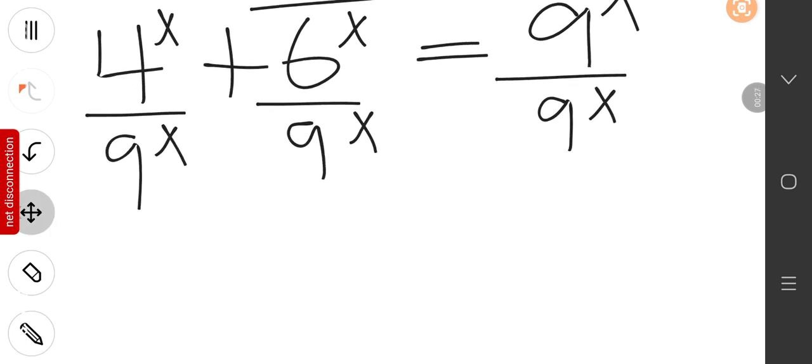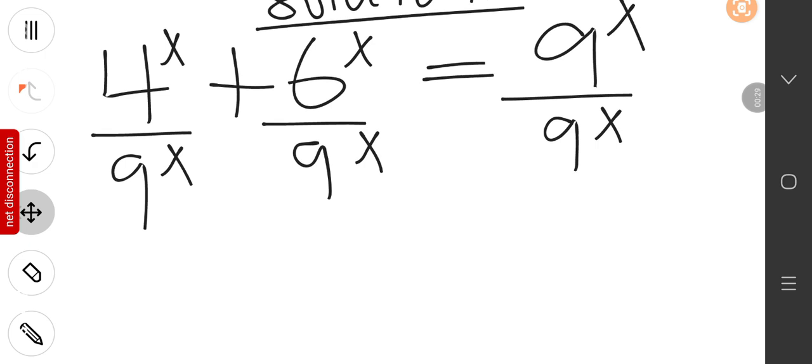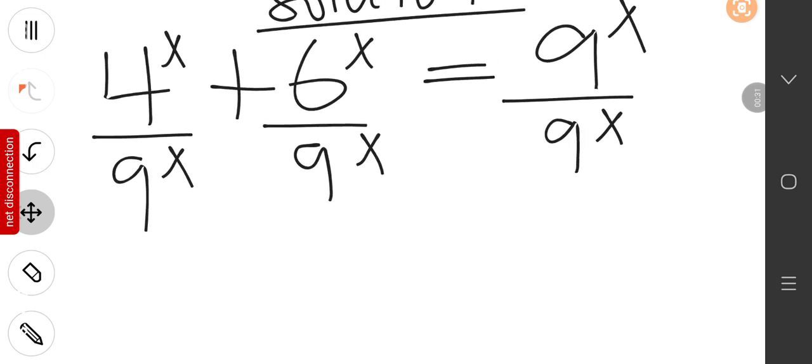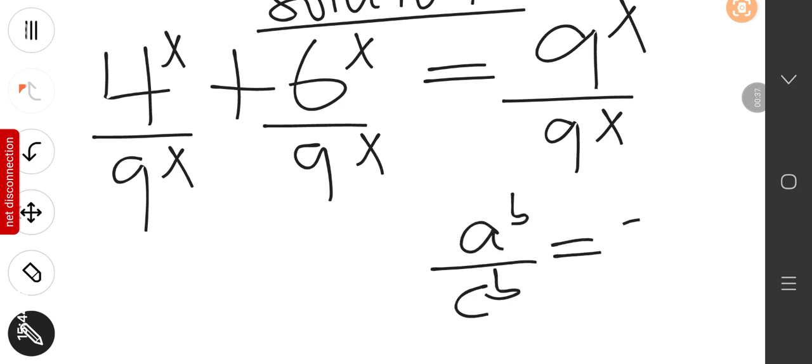All right. Now let's apply the quotient to a power rule, okay? So a exponent b over c exponent b is the same as a over c exponent b.